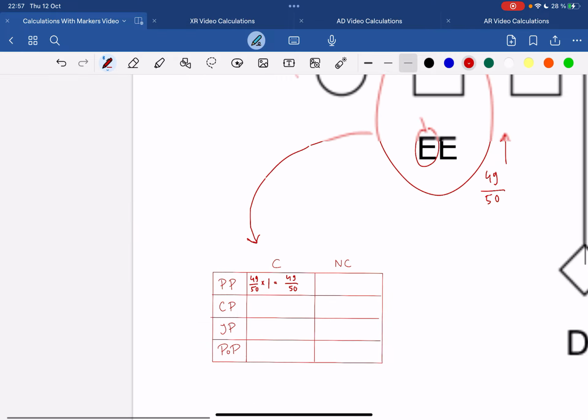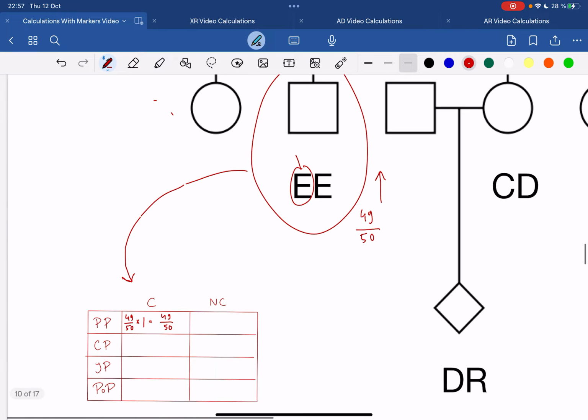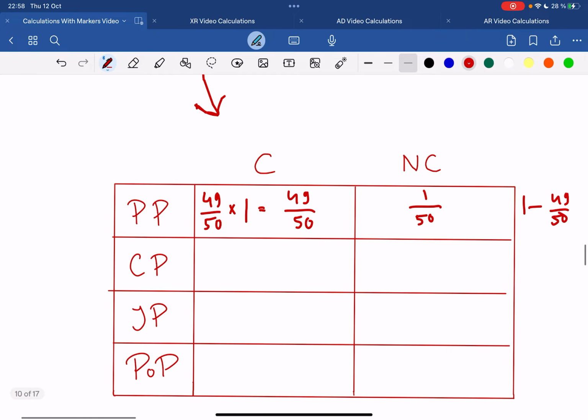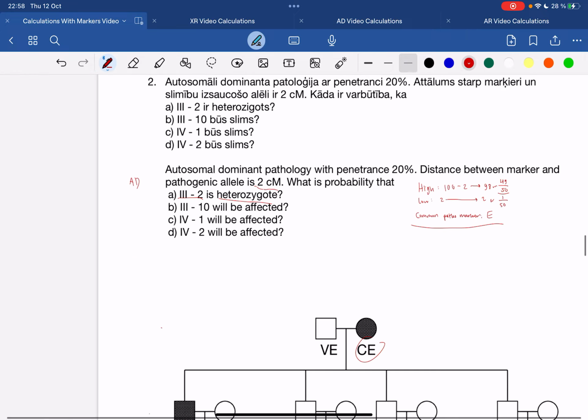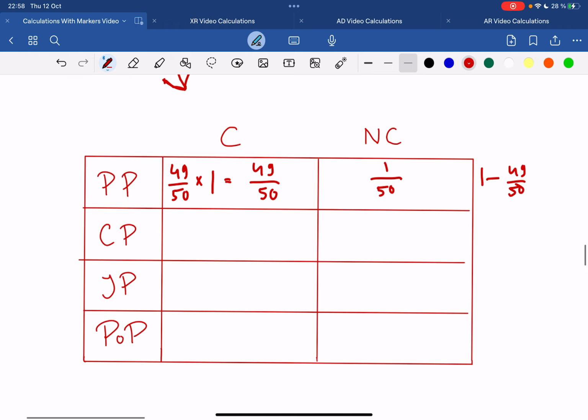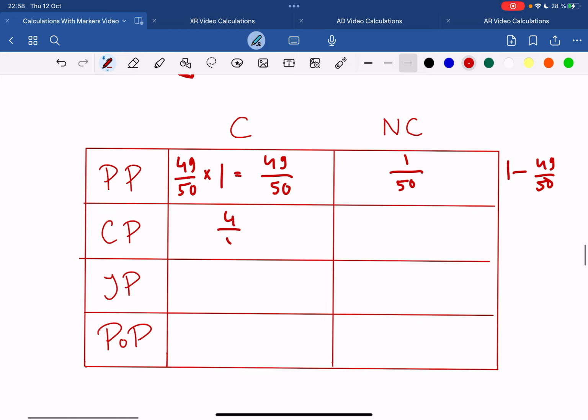While non-carrier is 1 minus 49 over 50, which is equal to 1 over 50. Conditional probability is the rest of the penetrance, so it would be 80% in this case, 4 over 5. Well, here it would be 1.